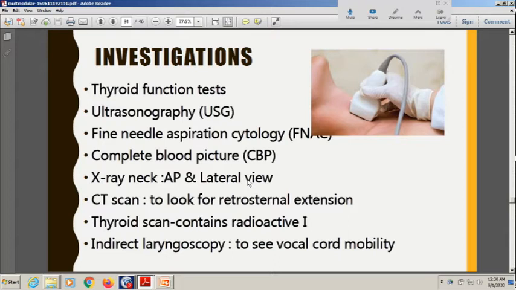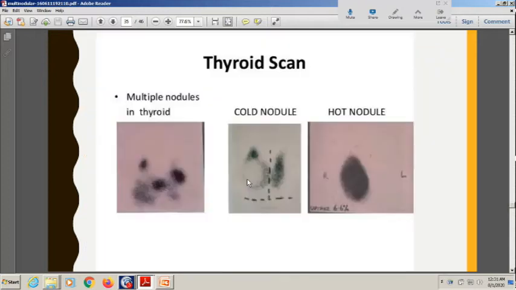Now the next important test is your thyroid scan, which is a radioisotope study. I will tell you about the thyroid scan. In this study, we can use either iodine 123 or technetium 99. In this study, we can look for cold nodule and hot nodule.